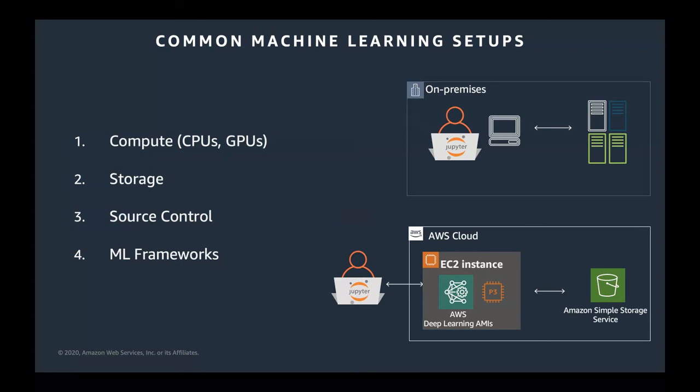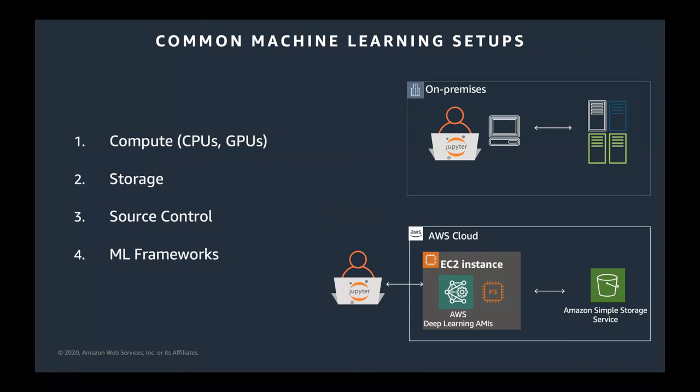So if you're a developer or researcher, you need 4 ingredients to start with machine learning. First of all, you need access to compute in terms of GPU and CPU, GPU being graphical processing units. Then you want access to storage, so that you keep your training data sets and also your trained models, the metadata and artifacts you want to save, right?